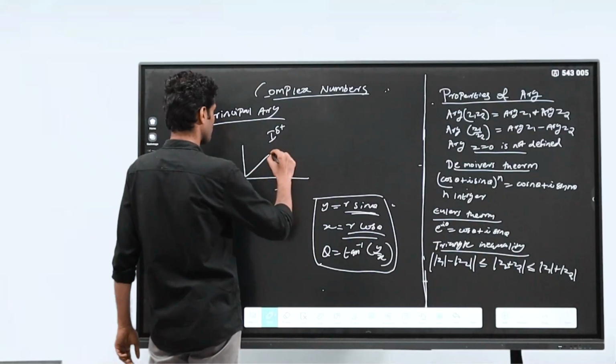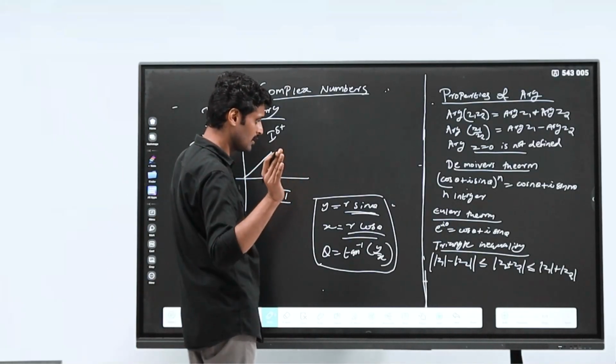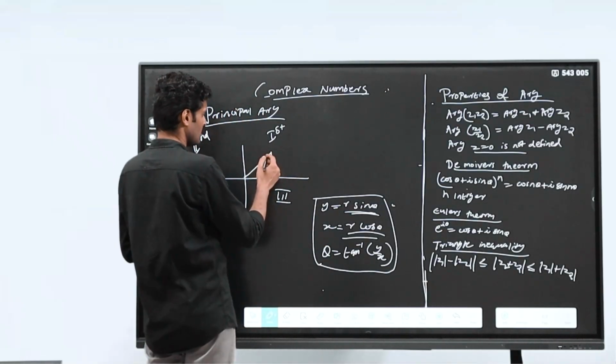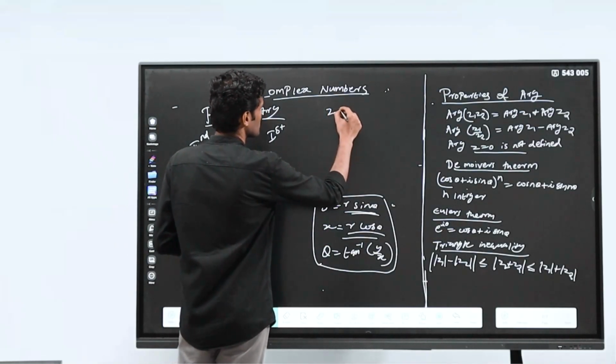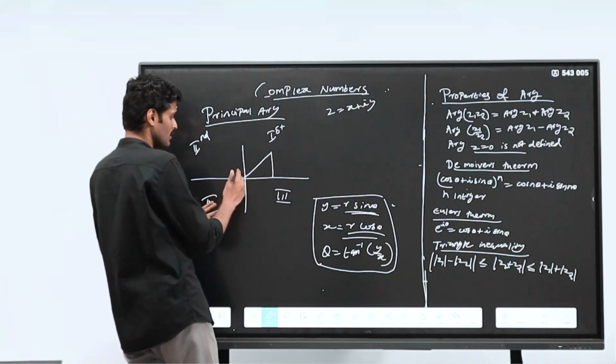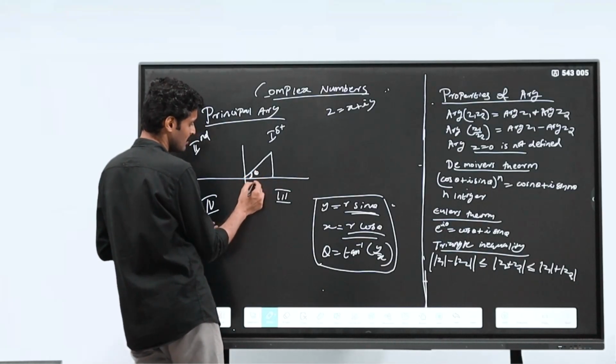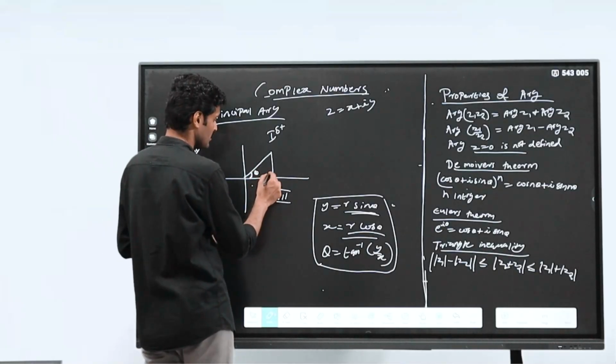So again, if you represent a complex number z equal to x plus iy in a plane, then we can represent like this. Then of course they're generating an angle theta in counterclockwise direction.